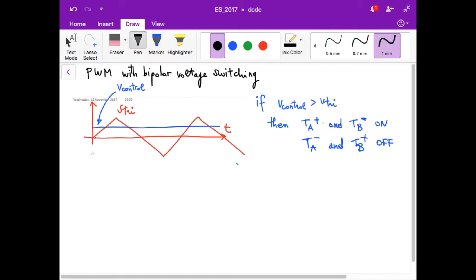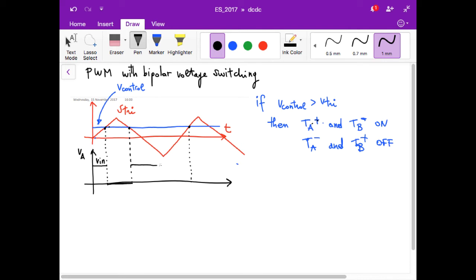Once we know this, we can draw the voltages VA and VB, because of course V control is larger than V3 in this region and in this region. For VA, when TA plus is on, VA is equal to V in. When this is not true, VA is equal to 0.